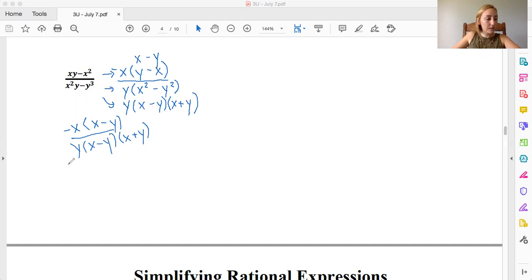So our next step, hopefully I'm not losing you guys, is to state our restrictions. So y can't be equal to 0. X can't be equal to y. X can't be equal to negative y.